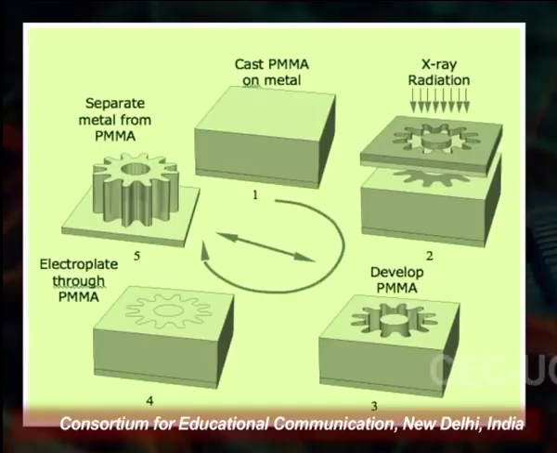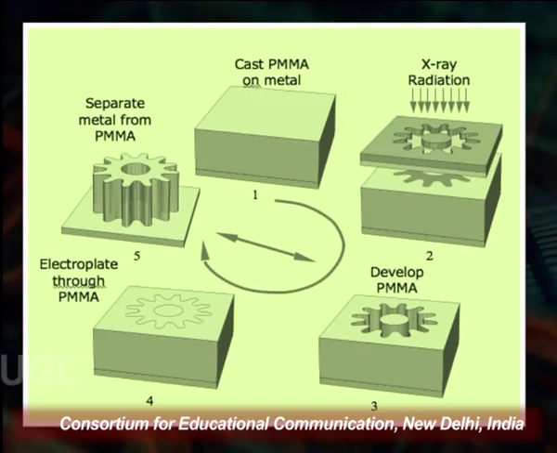So, you see step by step here, this is the process. First, cast PMMA on the metal. In the next step, X-ray radiation is deposited on the PMMA; you see there is a mask, and then X-ray radiation is falling on that mask.